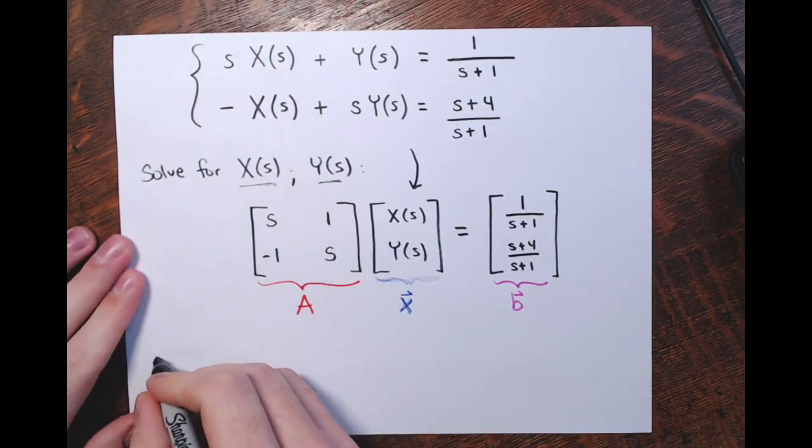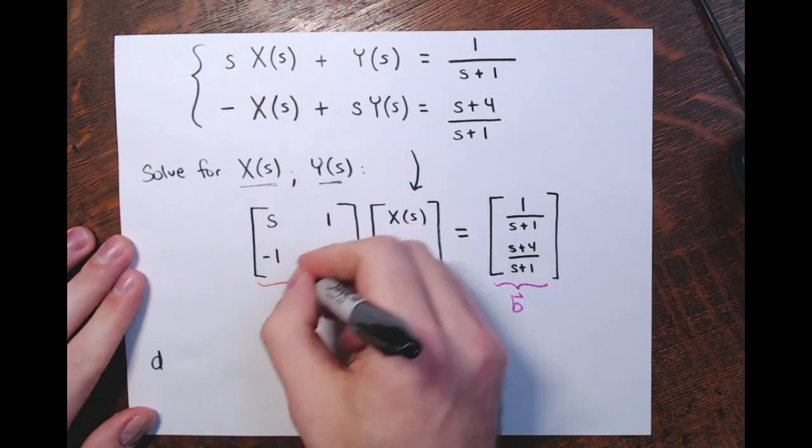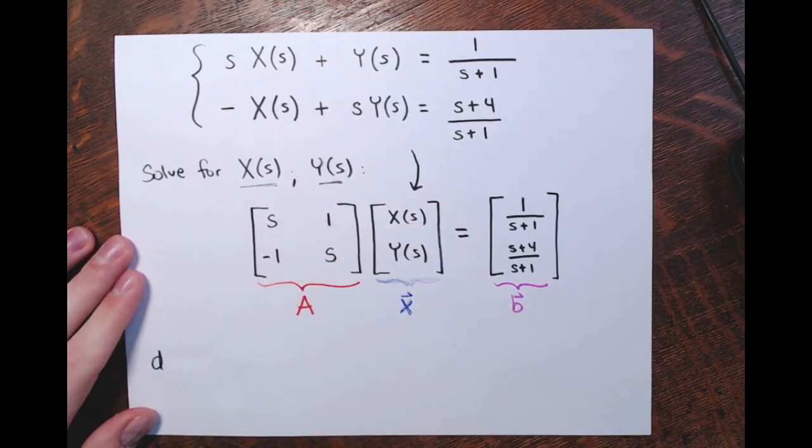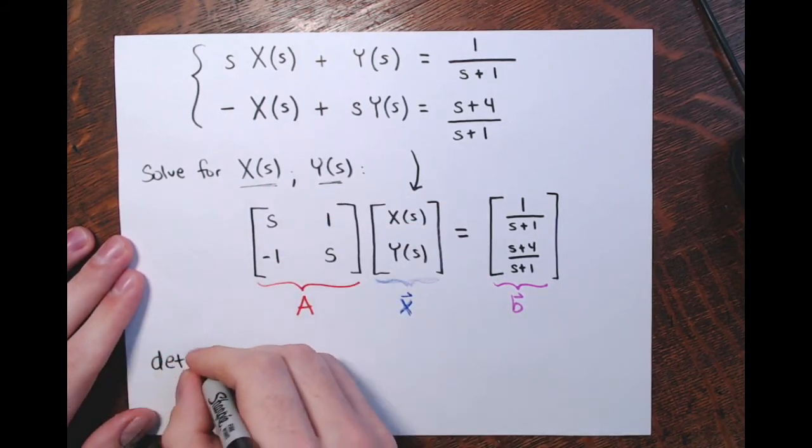This is a square system. We have a square coefficient matrix, so I can apply Cramer's rule.